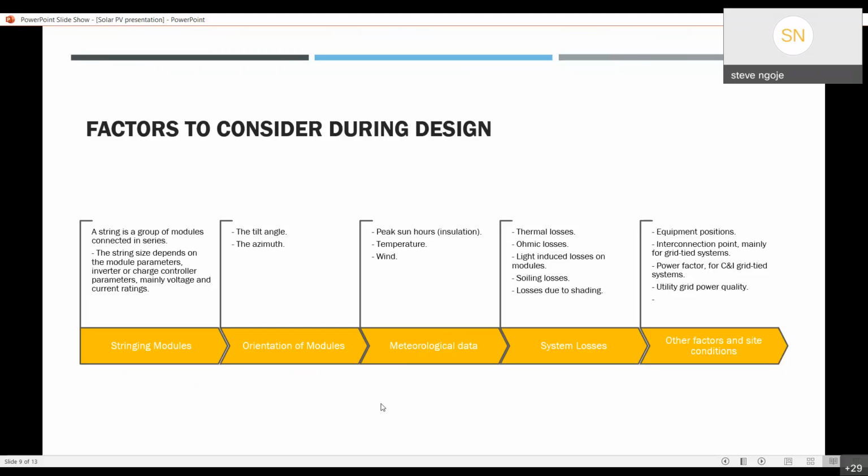So if someone tells you this module is 300 watts at STC, it just means at a thousand watts per square meter irradiance and at 25 degrees, this module will give you 300 watts. But the higher you deviate from 25, you go to 30, 40, most modules will operate between 40 to 60 degrees most of the time.